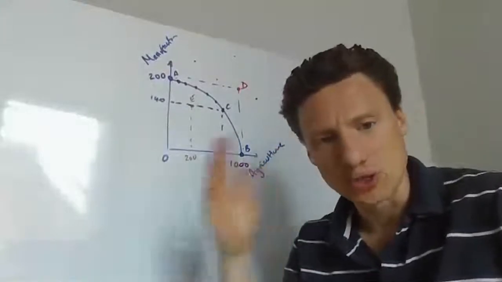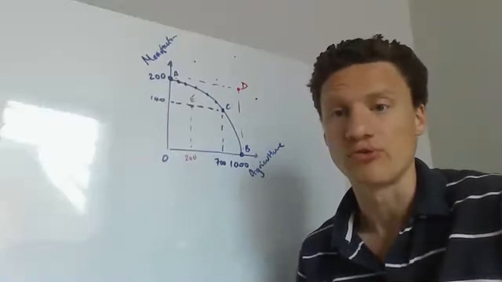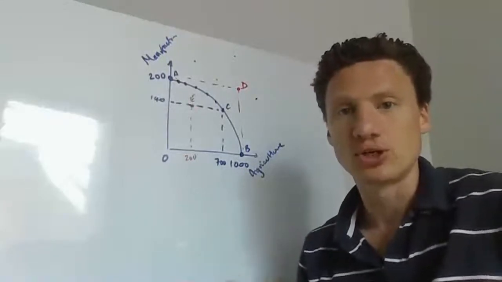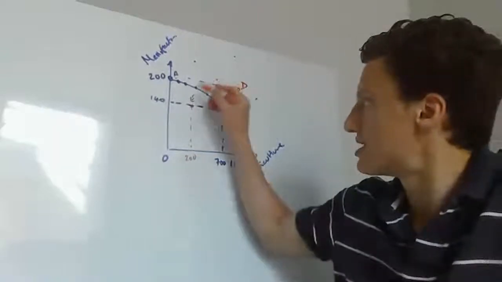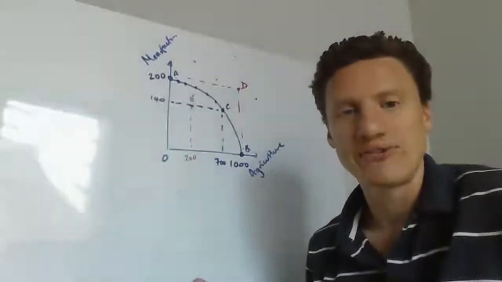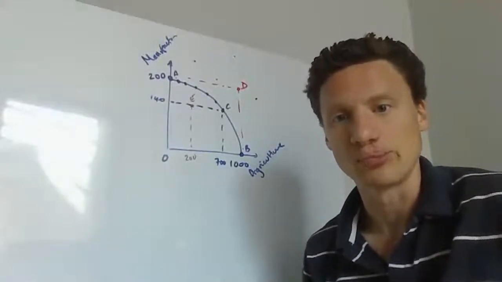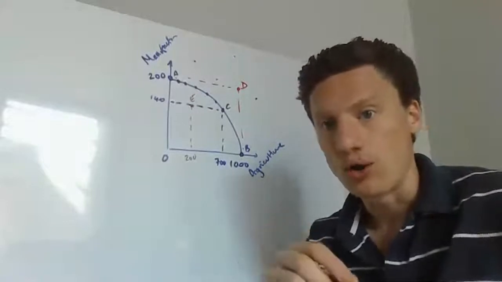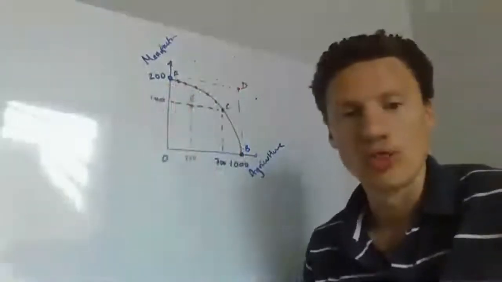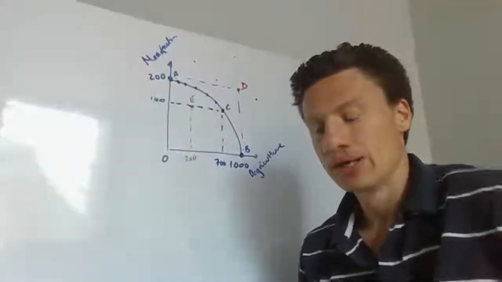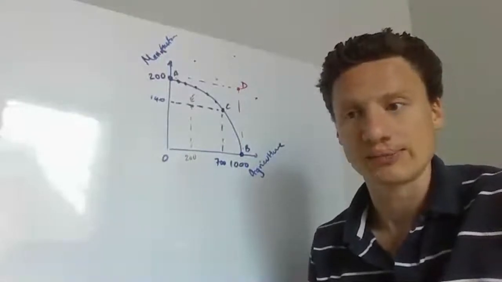If you visualize it, what it means is that those resources are not being used to full capacity. They're not being used efficiently. So we call anything within the PPF an inefficient use of our resources. That is to say that they're not working at 100%. If they're all working at 100%, then they would be on the blue line, on the PPF curve. So that, in a sense, is what the PPF as a concept, as a diagram, represents.